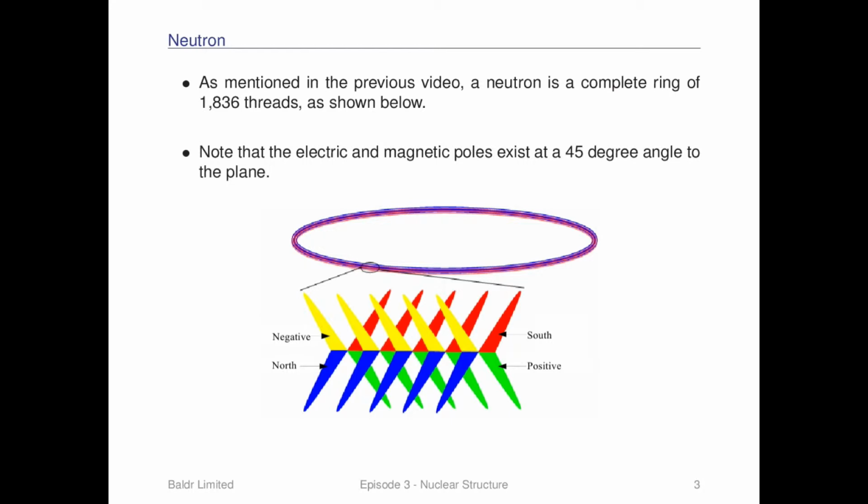At the bottom here we are showing you a diagram of a neutron ring which consists of these 1836 threads. The important point to notice now is the electromagnetic fields of these threads, and what we observe is that these fields sit at a 45-degree angle to the actual ring of threads, i.e. the plane of the ring.